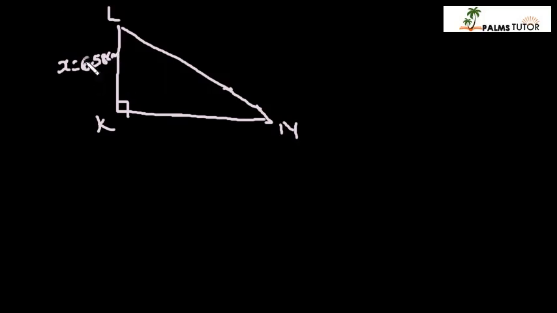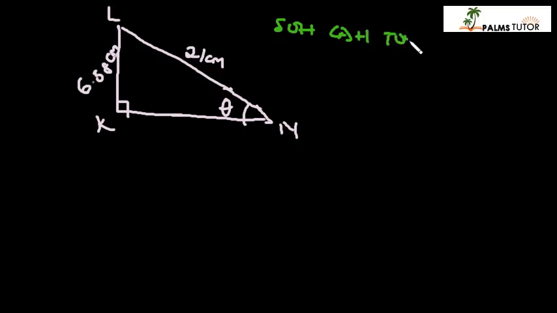Here is 21 centimeter, and I'm looking for this theta. Now we have two sides known. Going back to our mnemonic, soh, cah, toa, we have two sides. The opposite side of this angle is known, and this is hypotenuse. We do not know the adjacent, still unknown.